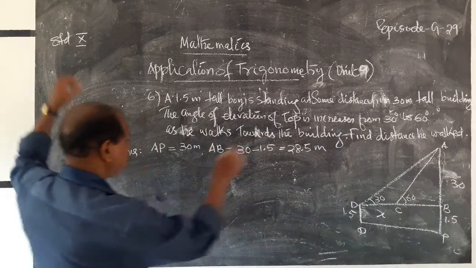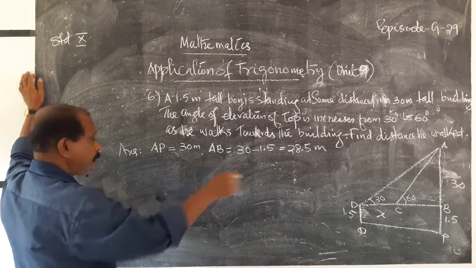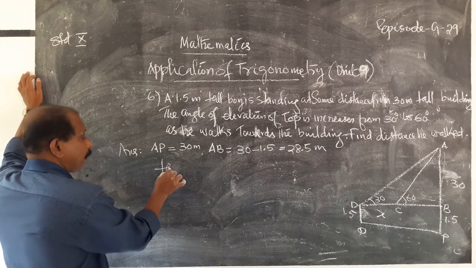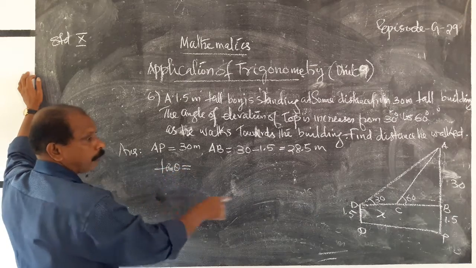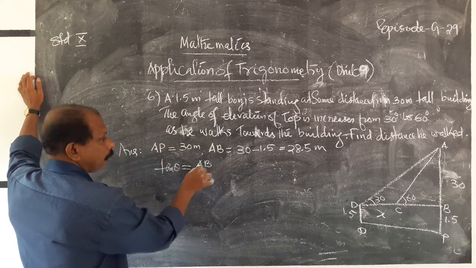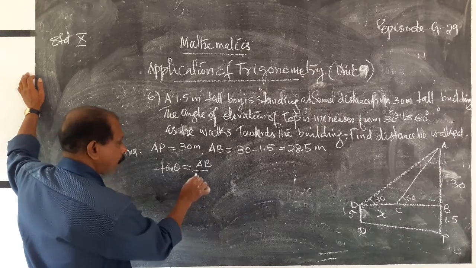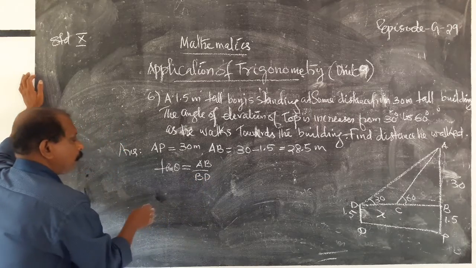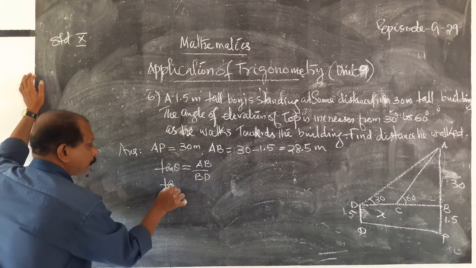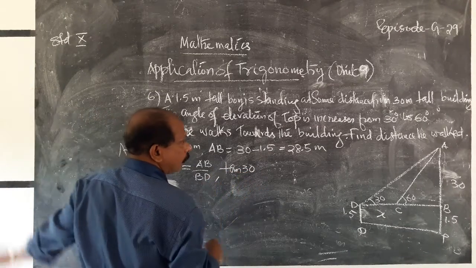Clear? That means using this first triangle ADB, tan theta is equal to opposite side by adjacent side BD, not CD. That is tan 30 is equal to AB.